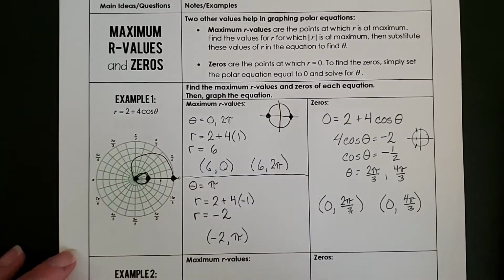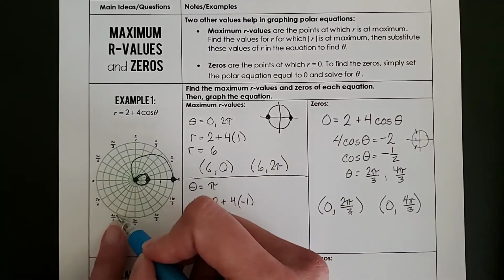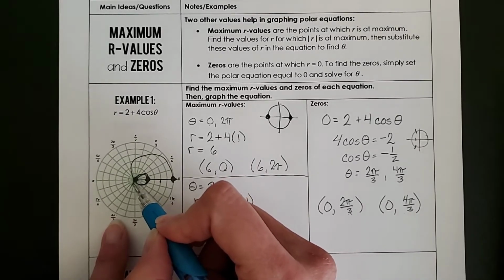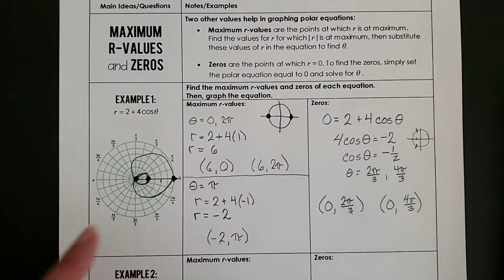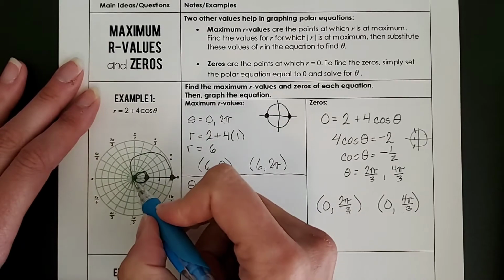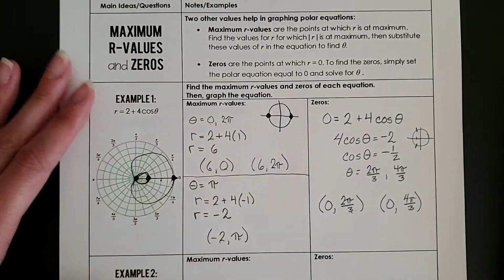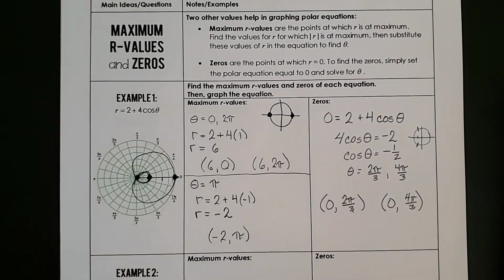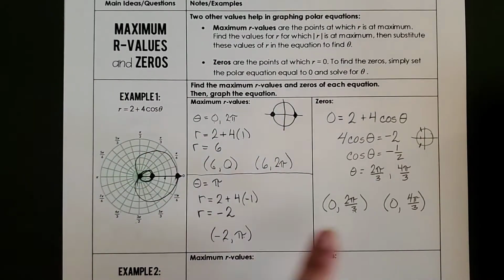Mine's not very smooth there. Back to 0 at 4 pi over 3. This angle right here is 0, and then it comes back through, and there should be some symmetry there. I did not do that very well at all. There we go. There's our graph. And so I would like for you to find the extremes, to plot them.